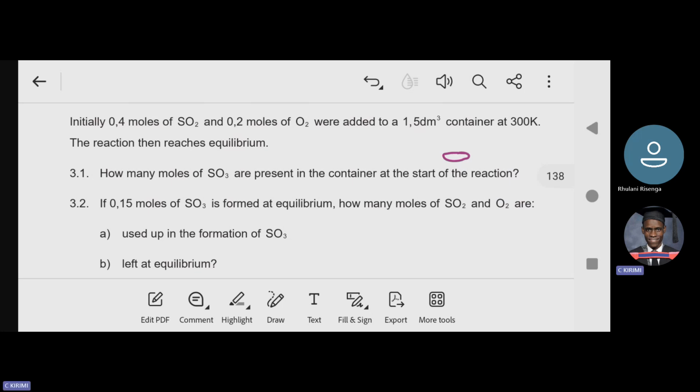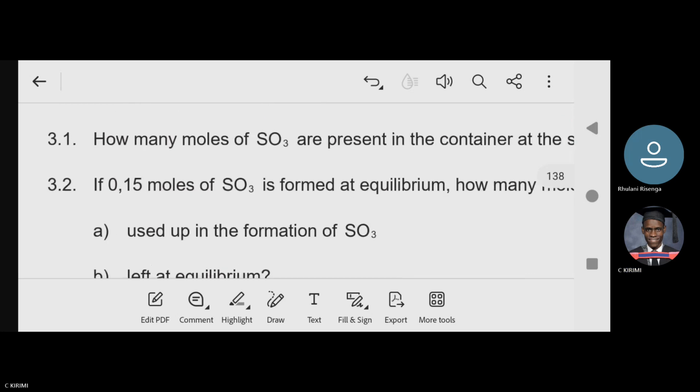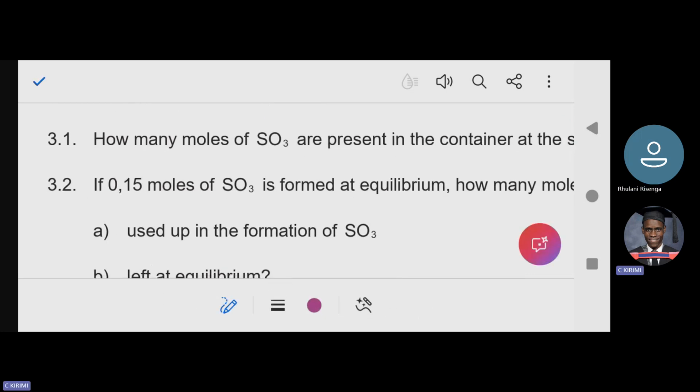How many moles of sulfur dioxide are used up in the formation of sulfur trioxide? So there we are looking for the number of moles in the change, isn't it? Yes, the change, or the ones which reacted. That's why I say change or the number of moles that reacted. That is what we are looking for here.